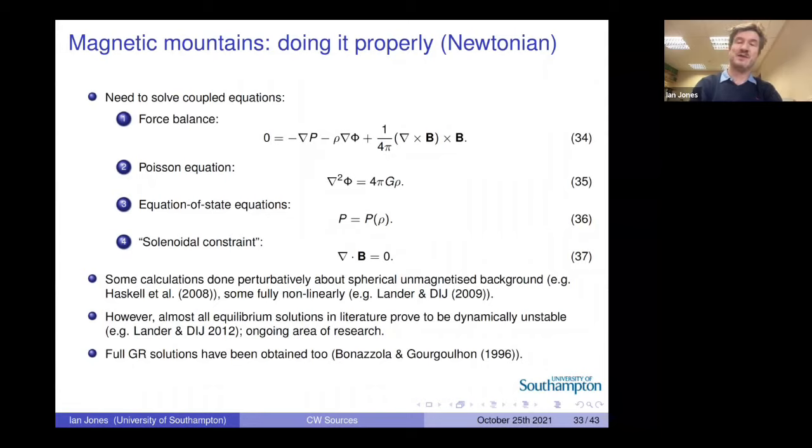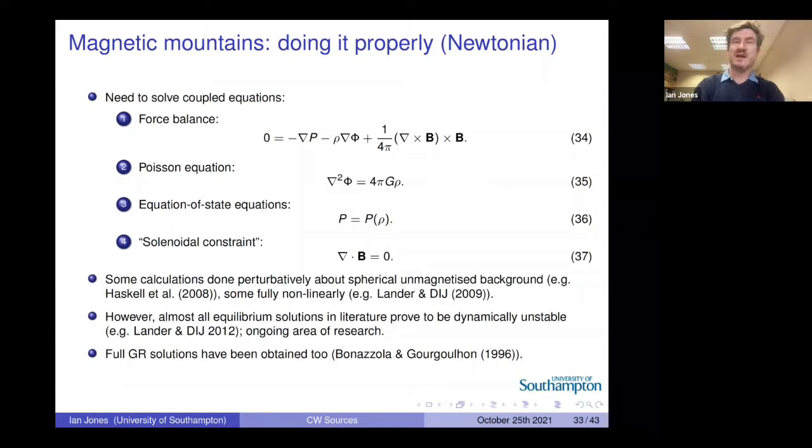So what I mean by that is if you take one of these solutions to these equations, and then you try and evolve it forwards in time with just tiny, tiny little perturbations in your initial data, you find that it's unstable. All hell breaks loose. And within a short period of time, the star's deformed into a complete mess. In other words, they're not dynamically stable solutions. And people have tried doing this in GR as well and got similar results.